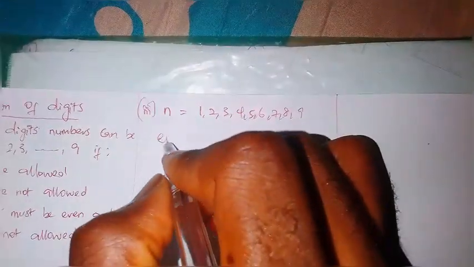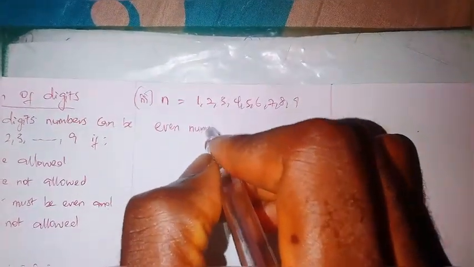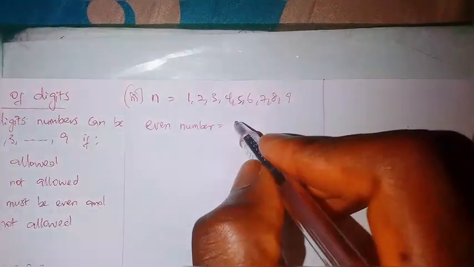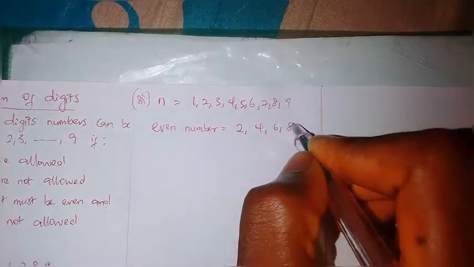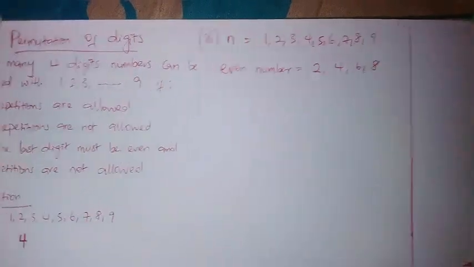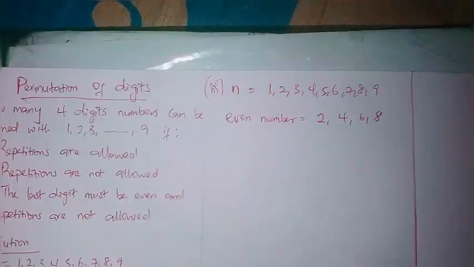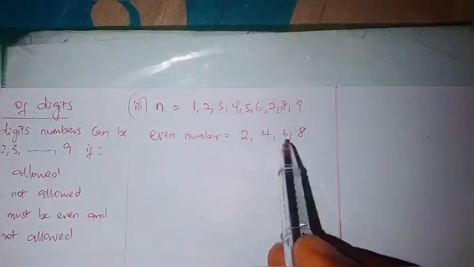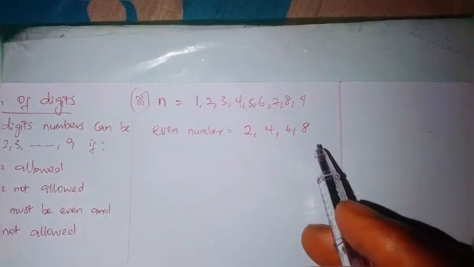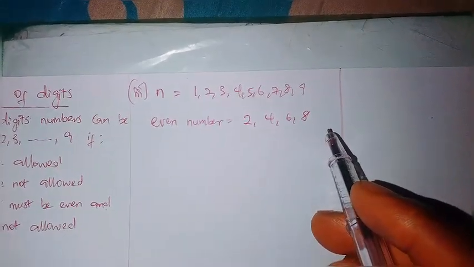The even numbers present in my series are 4, that's 2, 4, 6, 8. Since we have more than one even number, any of these can be the last digit.